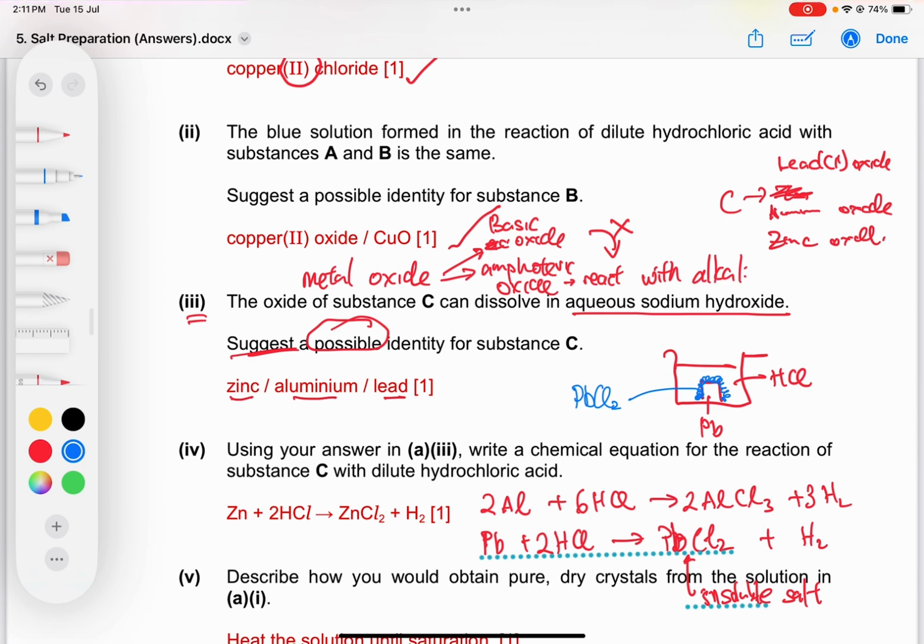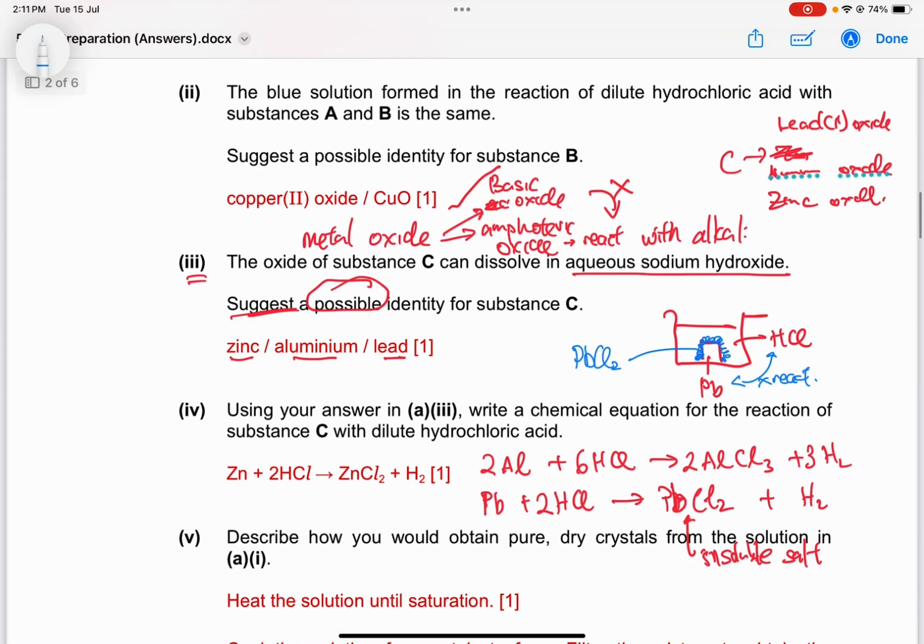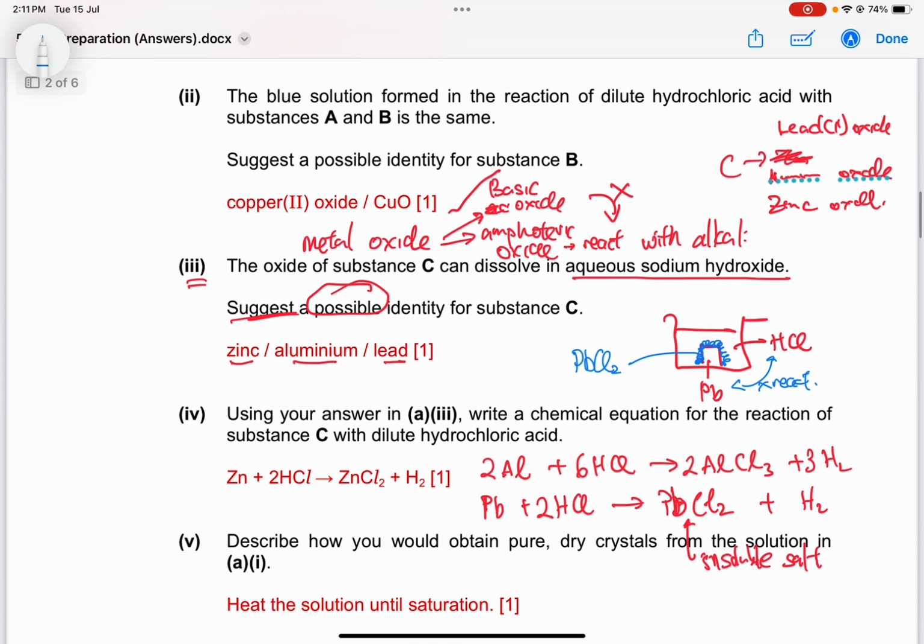So if lead 2 chloride coats the lead, the lead cannot react with my HCl anymore because they are no longer in contact. So actually the reaction will stop after a very short while. Okay, so typically this one, yes, you can write because they ask you for a possible identity, right? So if you choose lead, this is a possible answer you can write.